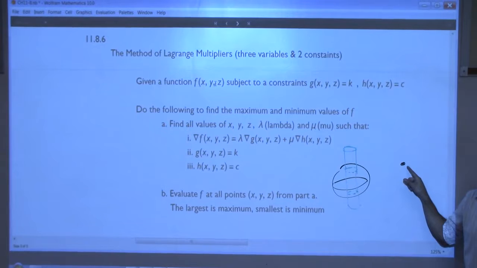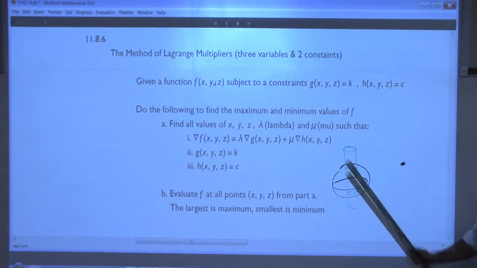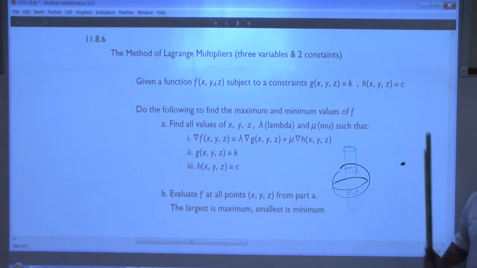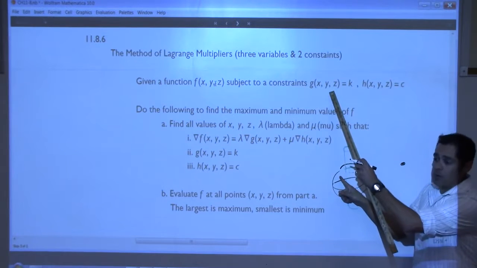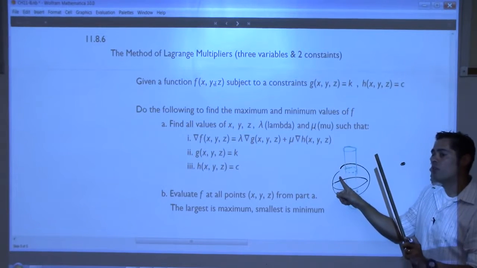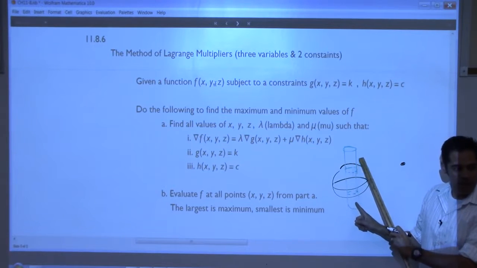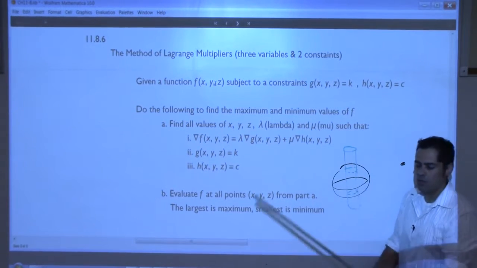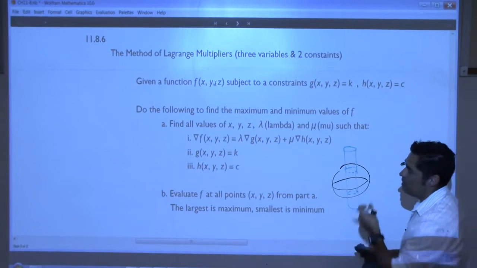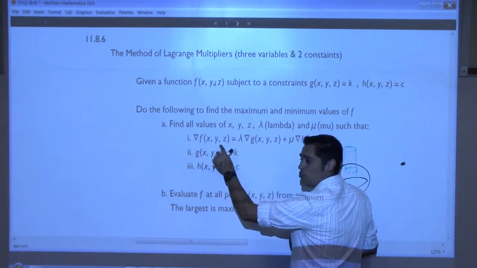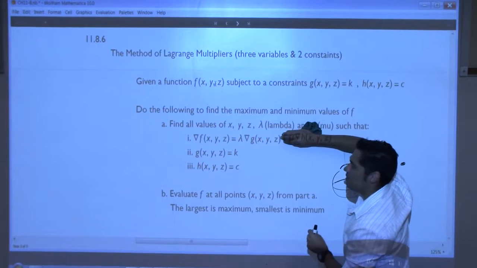Understand? So the way this works is that you have 2 constraints now. You have to live on the sphere, that's your first constraint, but you also must live on something else, which in this case would be a cylinder. And then Lagrange has a way you do that. The Lagrange method for this is that you set the gradient of f equal to, well, this part is exactly the same, right?